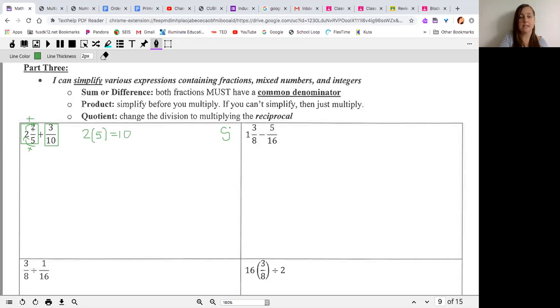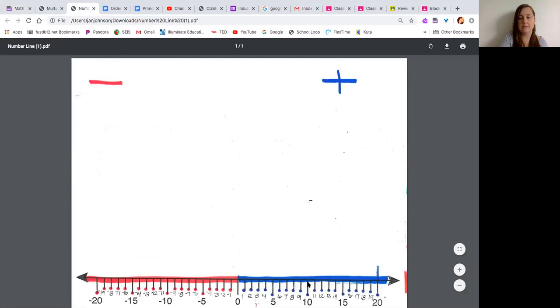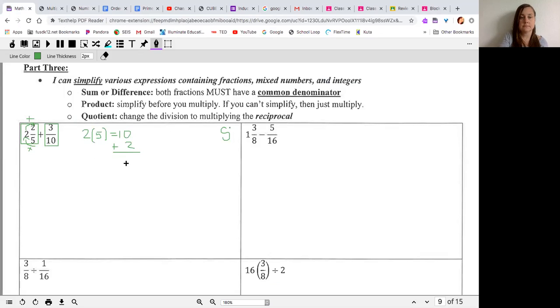And I'm adding how many? 2. And I'm going to add 2. So I'm looking over here, 10 plus 2 is 12. So bringing that back, 12 is my new numerator, and the denominator stays the same.